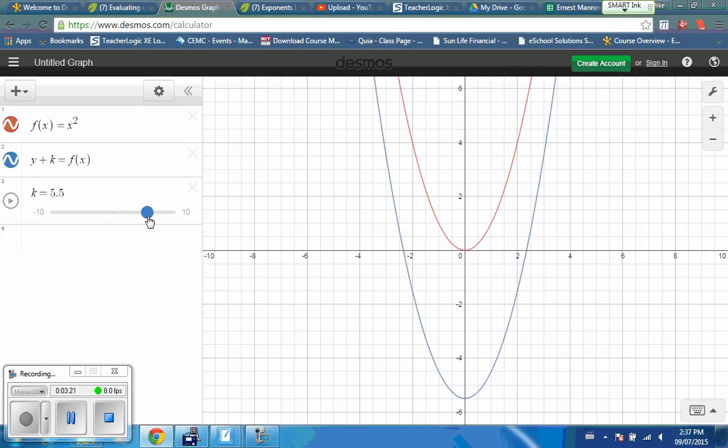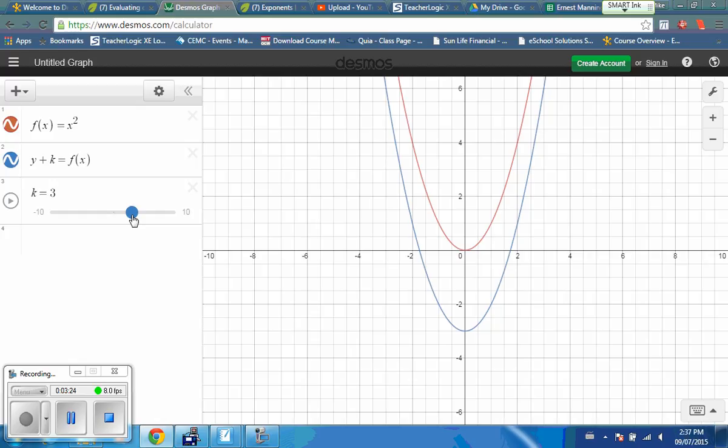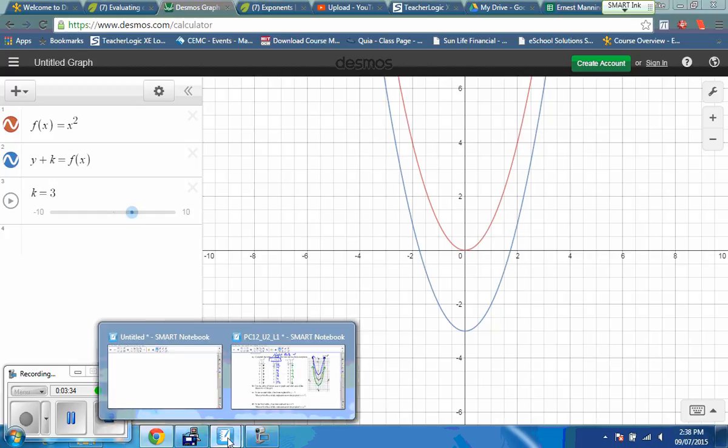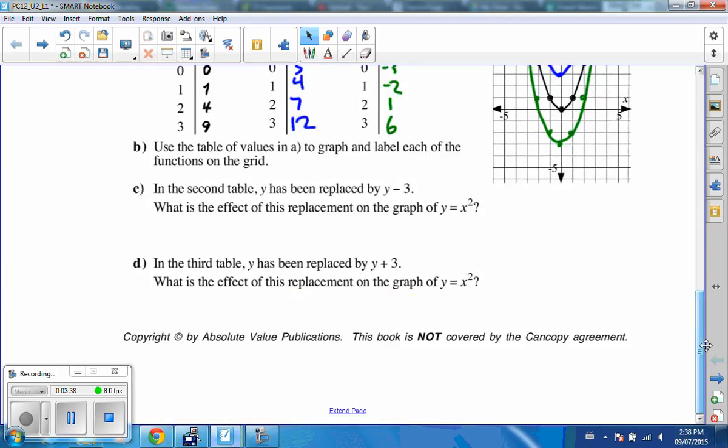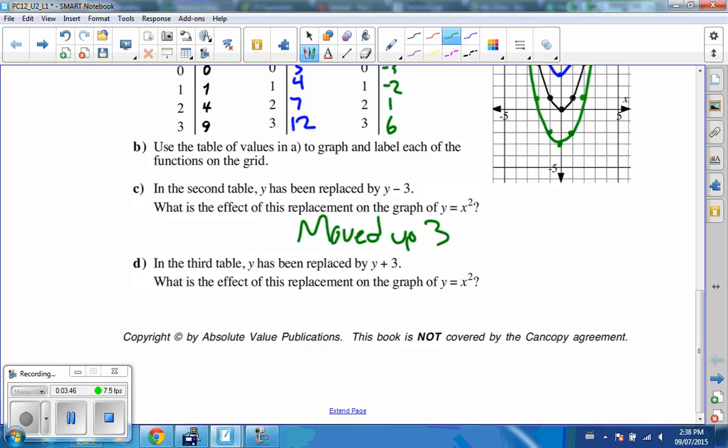If y is positive 3, it moves down. Kind of the opposite of what we expect it to do. And that's okay. So when we replaced y with y minus 3, the effect that it had was moved up 3. When we replaced it by y plus 3, it moved down 3.